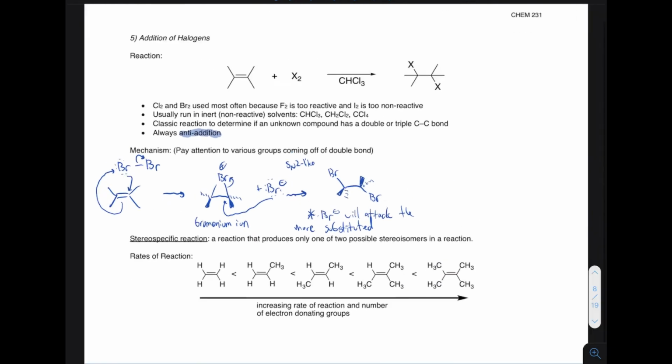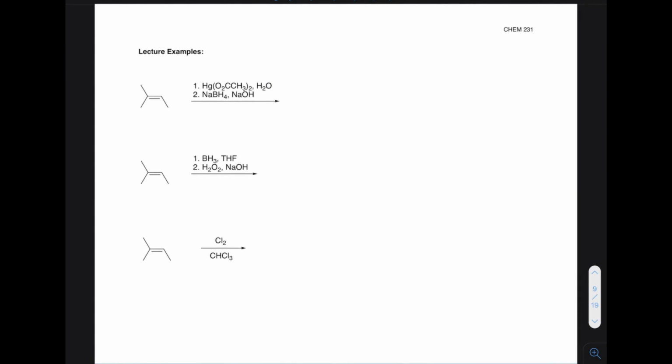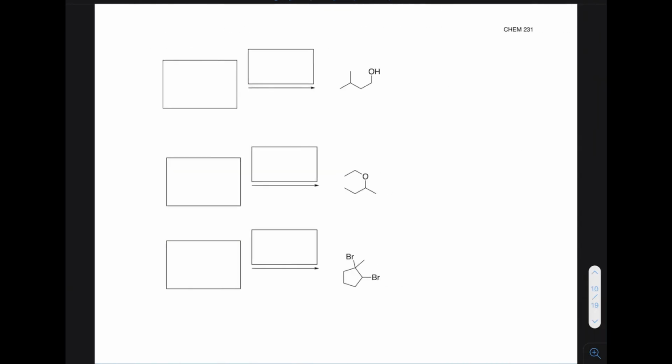So in lecture today, we'll review some of these reactions and compare and contrast them. And we'll take a look at predicting the substrates and reaction conditions to form the listed products here.